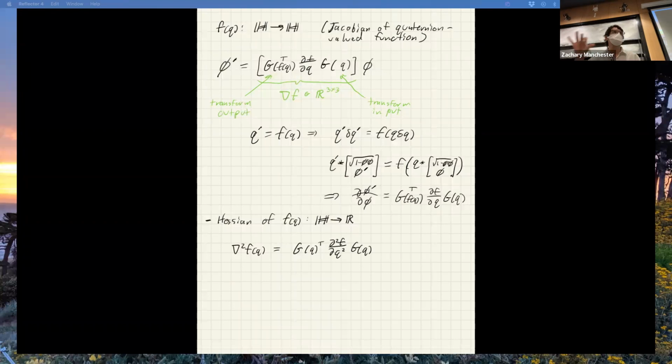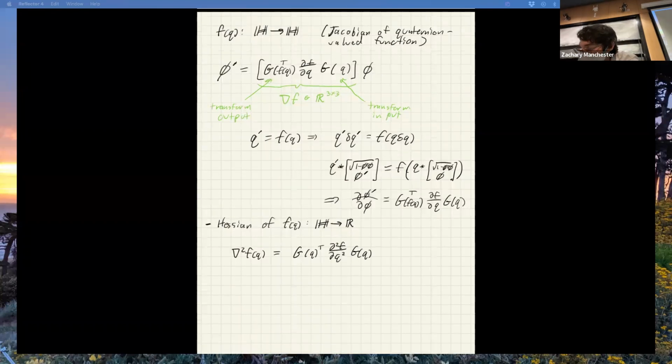But with the d squared f dq squared inside. And then we're going to get a second term that looks like this. So this is a 3x3 identity, and this is a scalar.